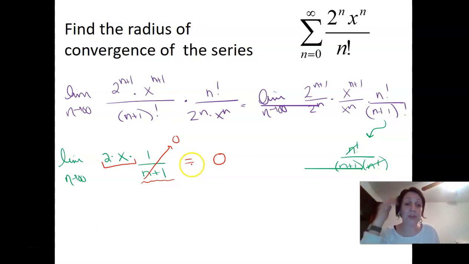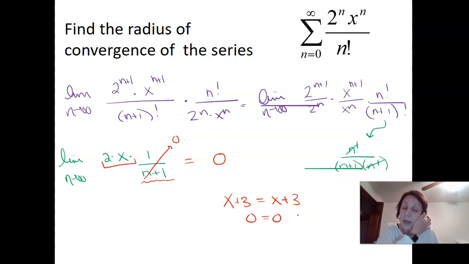Right? And I want you to remember another rule that I always bring up in algebra. Whenever we learn to solve equations in algebra, like, oh my gosh, x plus 3 is equal to x plus 3. And then we go, oh, that's all real numbers, right? Because you end up with 0 equals 0 or 3 equals 3. And I always say to the kids, look, here's the deal.